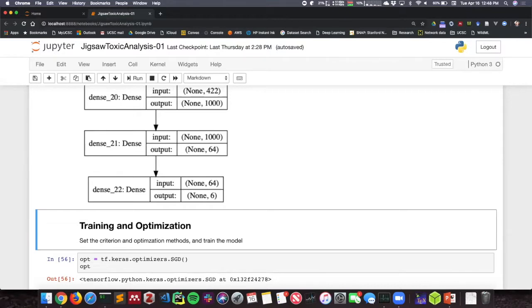Am I right that if I put in 1,000, I'm telling it that with a vector of 422, I want the computer to find my original 422, and then find 578 connections between the 422 to expand it out to 1,000?